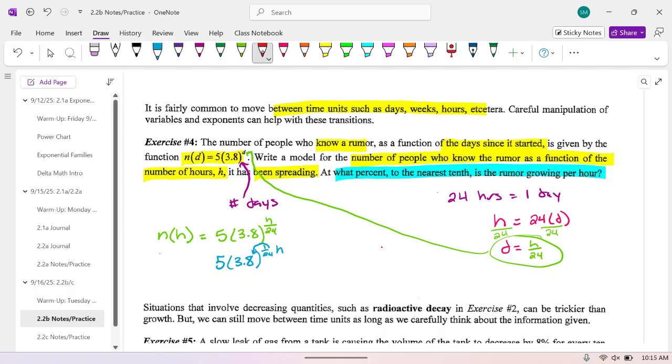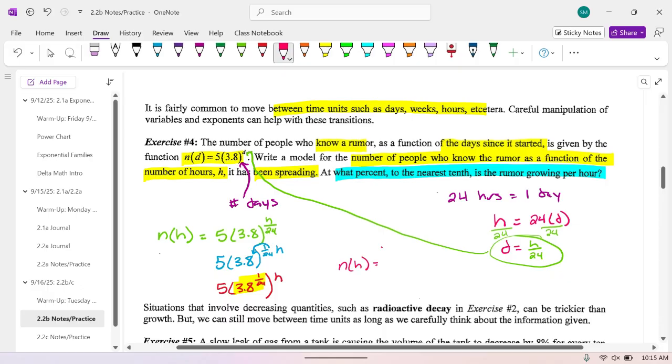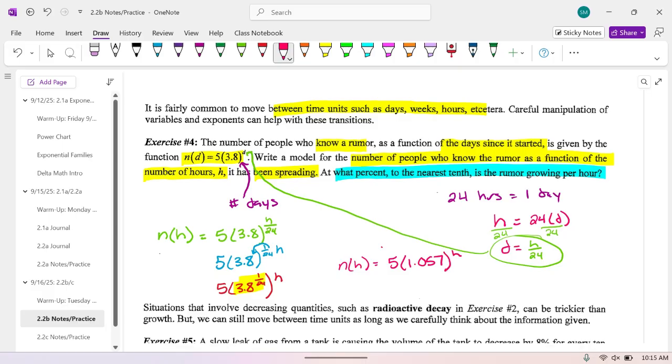So now I have 5 times 3.8 raised to the 1 over 24 h. And then I just need to figure out what 3.8 raised to the 1 over 24th power is. Let's round it to 3 decimals. So n of h is equal to 5 times 1.057 to the h power. All right, so this is our new function.